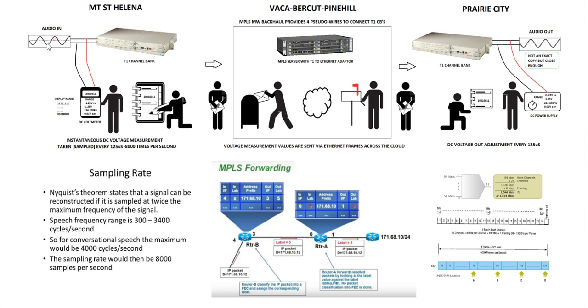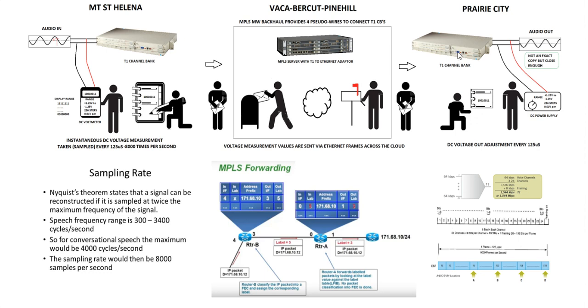So back to our sampling situation. We have our voltmeter, and we're getting a measurement every 125 microseconds. When we get that measurement, it records it and sends it to its partner at the other end.